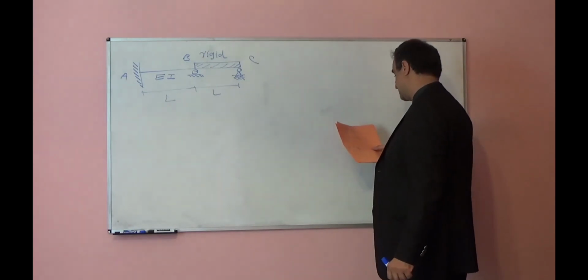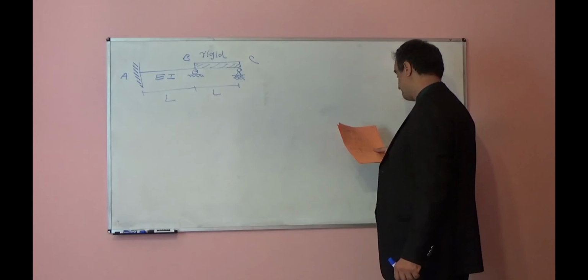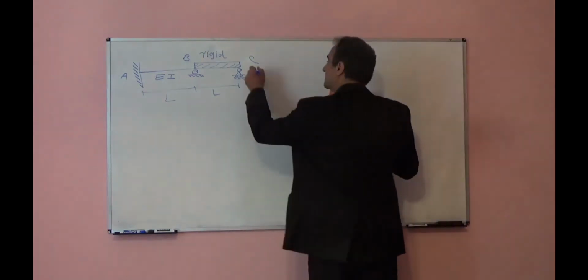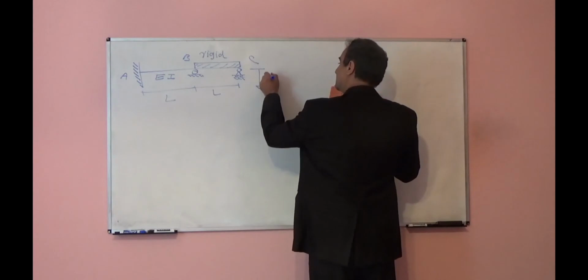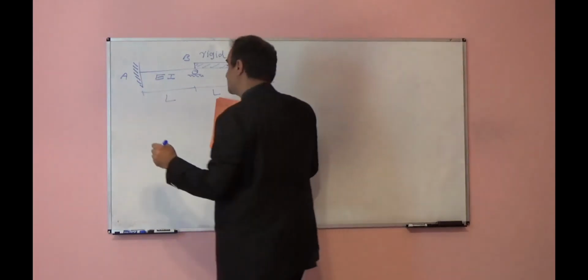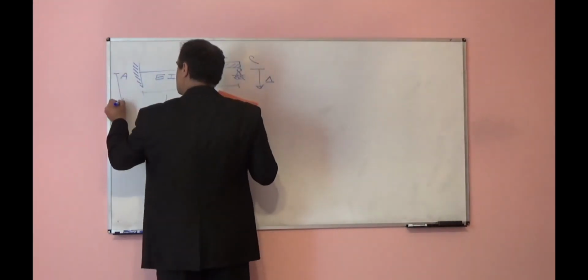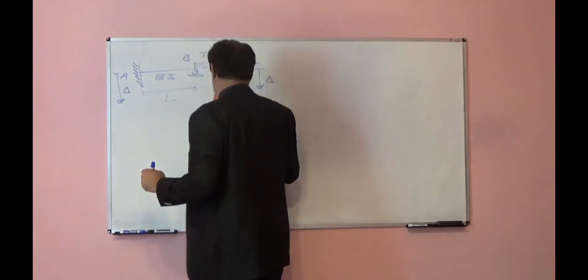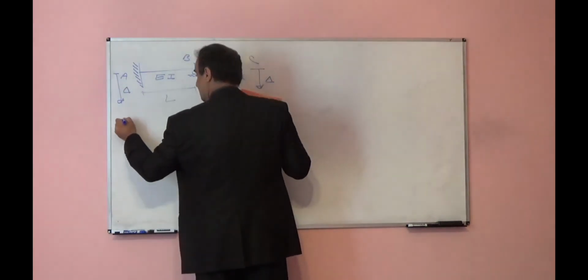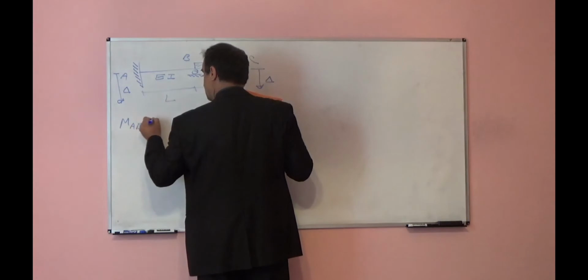We have settlement delta at support C and settlement delta at support A. We want to find MAB.